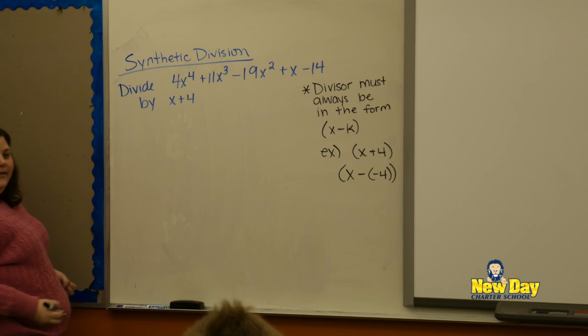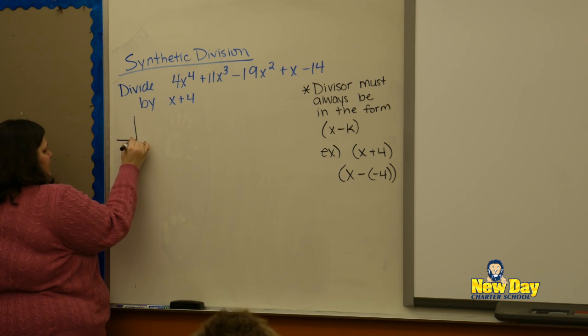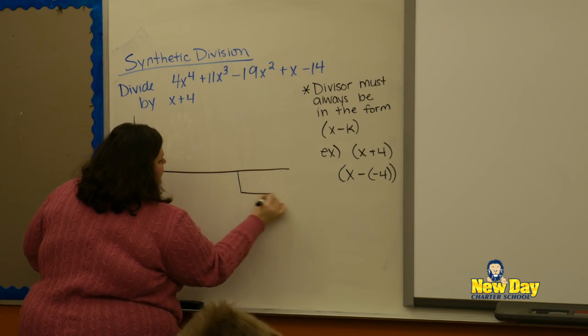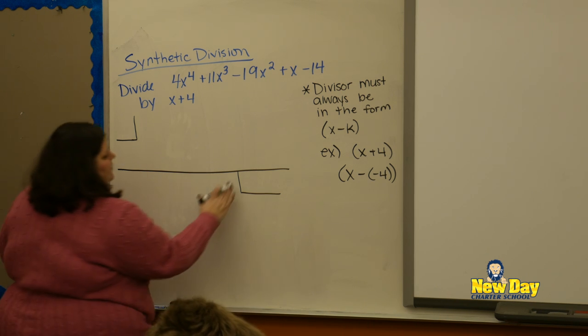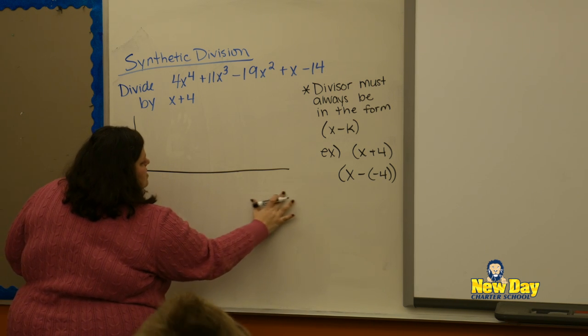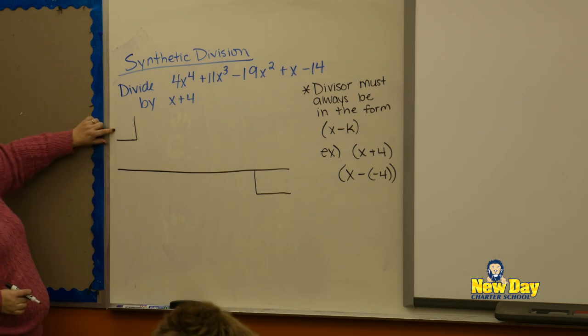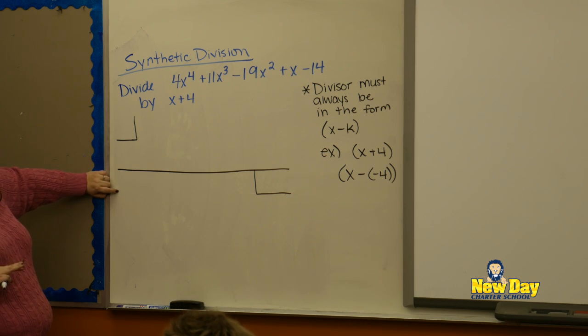So what we're going to do here is follow this little setup. And here's our setup. I promise you this will take you 3 lines on your paper. Okay? I'm going to move this over a little bit. So this is line 1, this is line 2, and this is line 3. This is going to take you 3 lines, and you're going to be done.